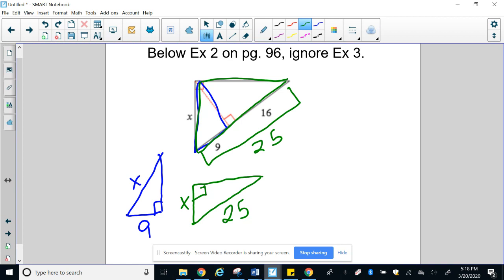Okay, so now we have enough information. We know that these are similar triangles to set up our ratios, our proportion. So if I started with x from this triangle, that was hypotenuse, from this one I'd want 25. Then for this one, 9 was my short side, where here x was my short side.